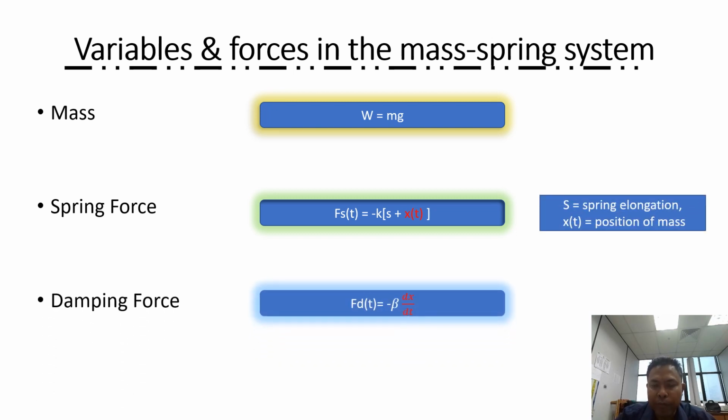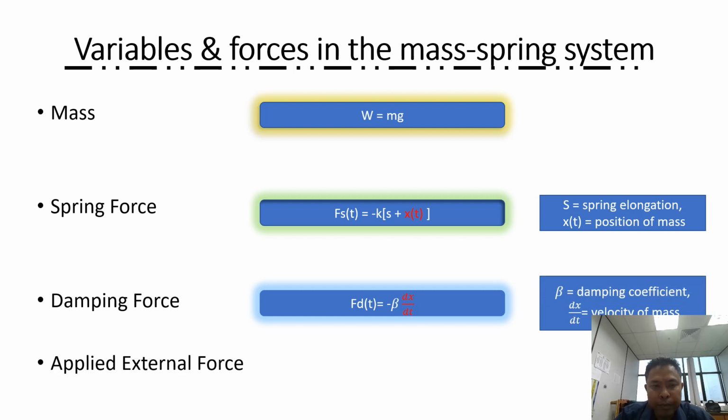We also have the damping force, where we quantify the damping magnitude by this constant beta, and we multiply it with the velocity of that mass, which is dx over dt. For no damping, this beta will be 0, but for a damped system, this beta will not be equal to 0.